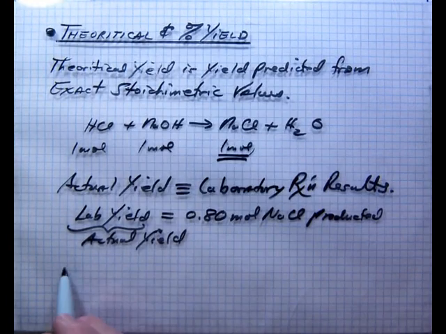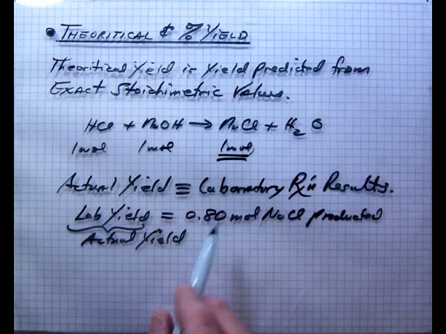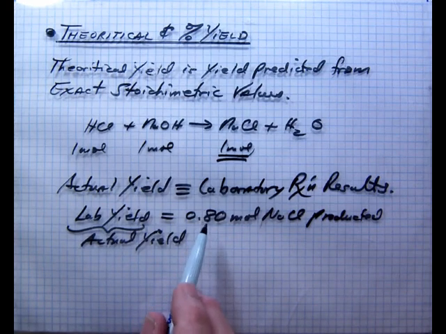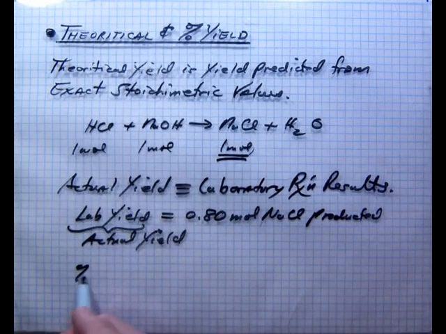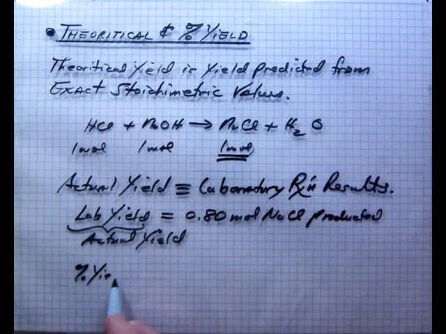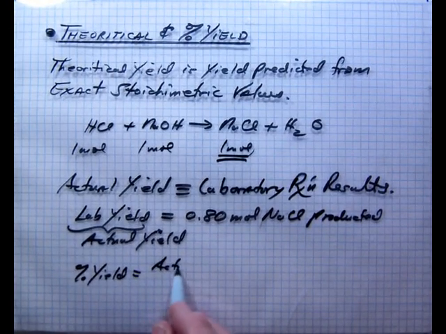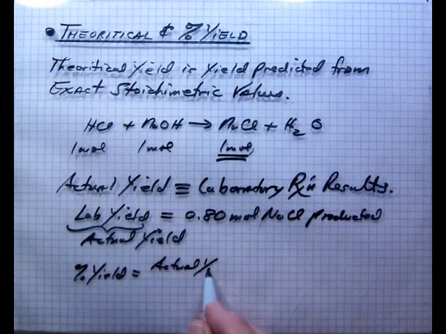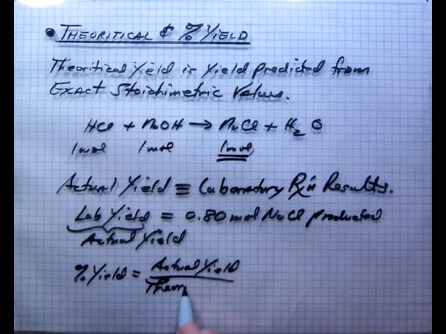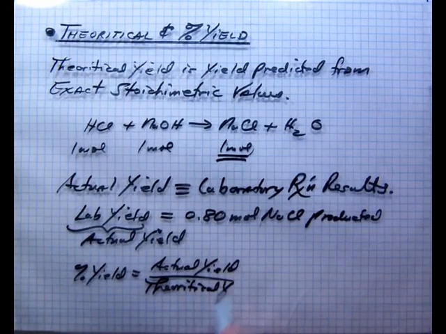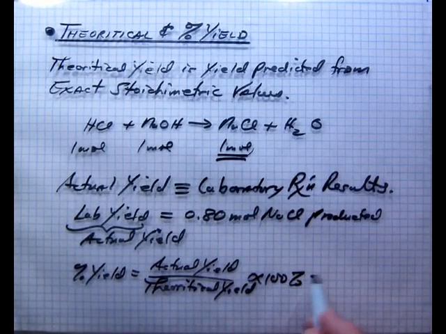So when you calculate percent yield, it's percent of the actual yield divided by the theoretical yield times 100. So the percent yield in my example is the actual over the theoretical times 100%.